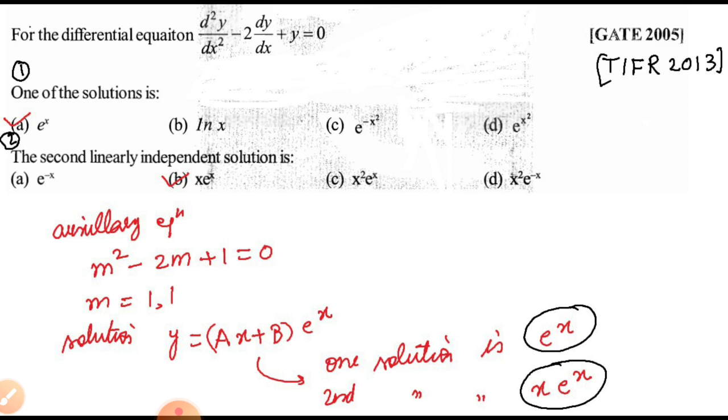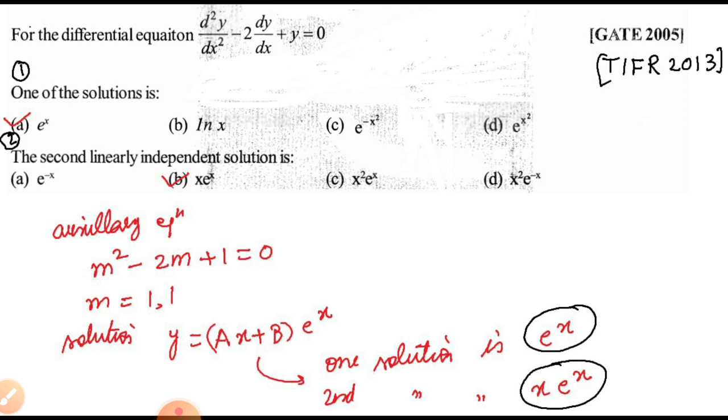So, if the solutions are different, suppose the values of m are m1 and m2, then the solution will be c1 e to the power m1x plus c2 e to the power m2x. If the solutions are the same, like m1, m1, then our overall solution will be (ax plus b) e to the power m1x. I will put these terms in the next video.